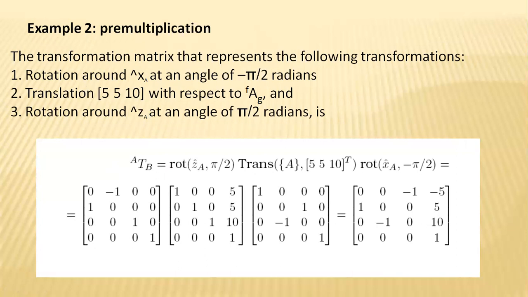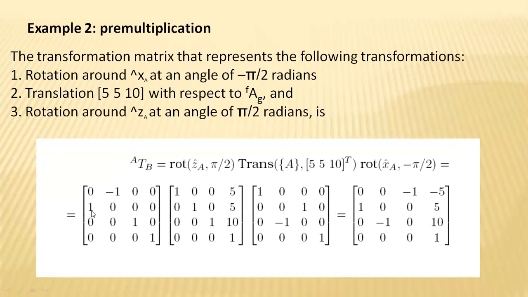We'll have the homogeneous transformation matrix formulas for rotational and sliding motions, commencing with translation positions. First point, rotation around the x-axis at an angle of minus pi by 2 radians. So the similar step will be calculated here.